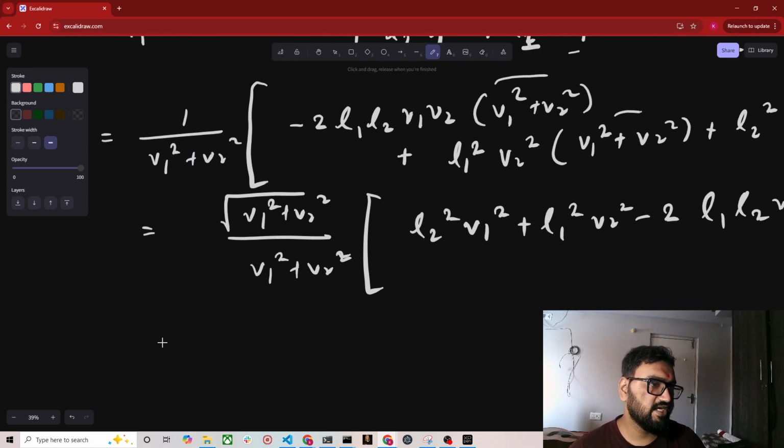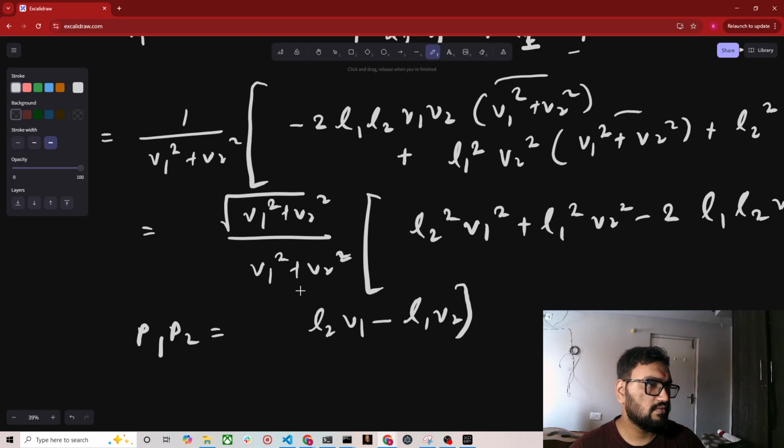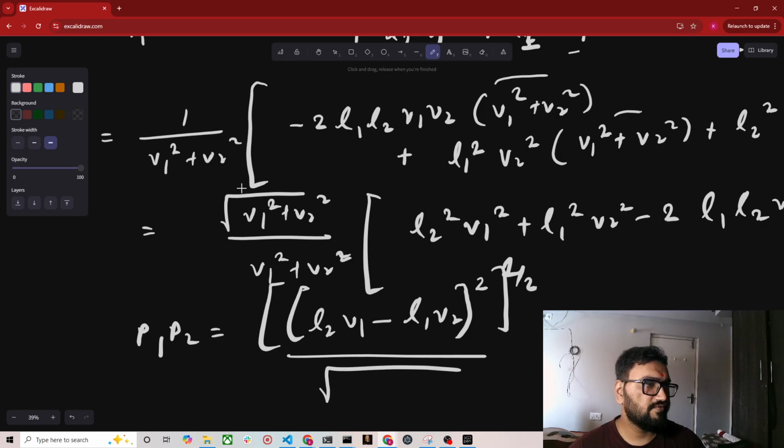So effectively my P1 P2 turns out to be L2 V1 minus L1 V2 whole square, because this term is exactly this, right, whole square, and this to the power 1 by 2 divided by, if I cancel out 1 by 2 from these two terms, I'll get root over V1 square plus V2 square as the denominator.